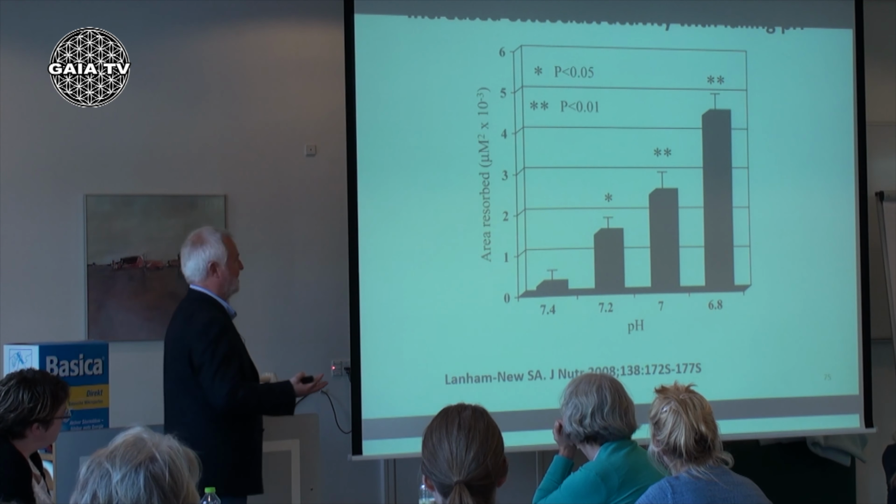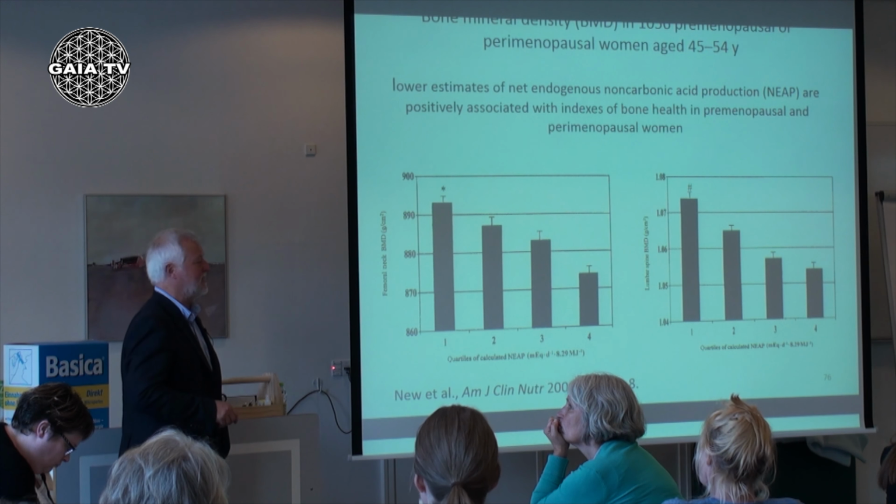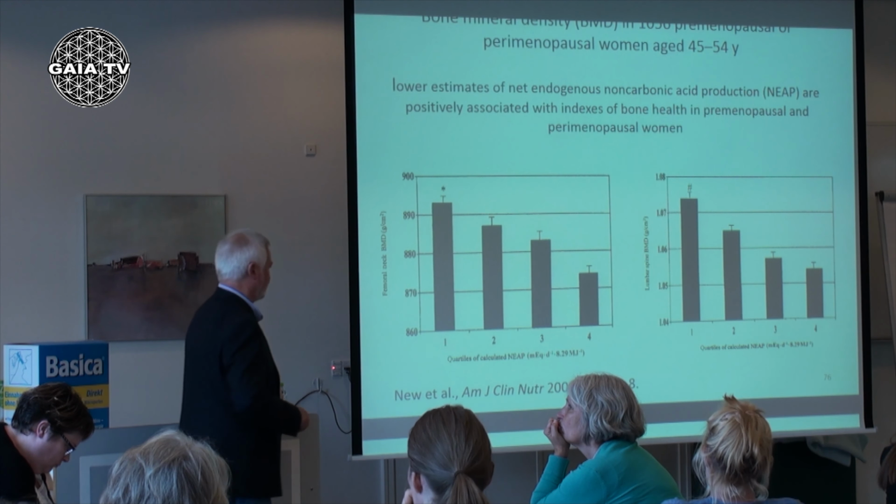These are the cells that are degrading our bones. Acidosis stimulates the bone-degrading cells. Also in an epidemiological study, it has been shown that the bone mineral density goes down the higher the acidity of the diet. So the more acidic the diet, the lower the bone density.